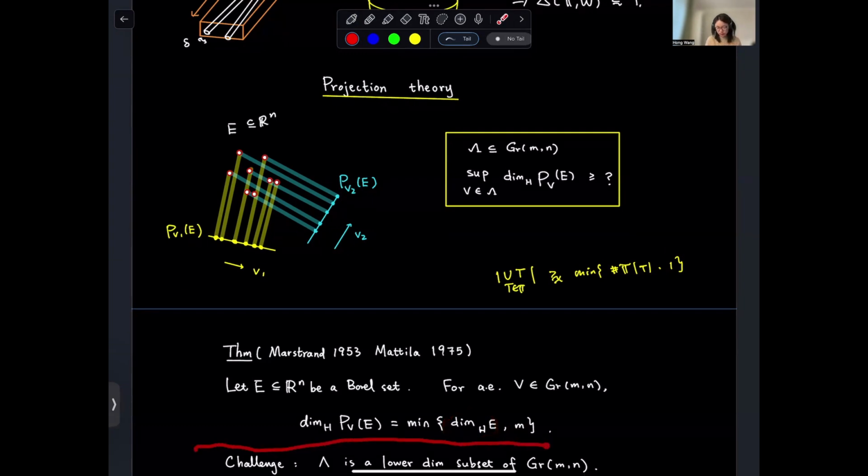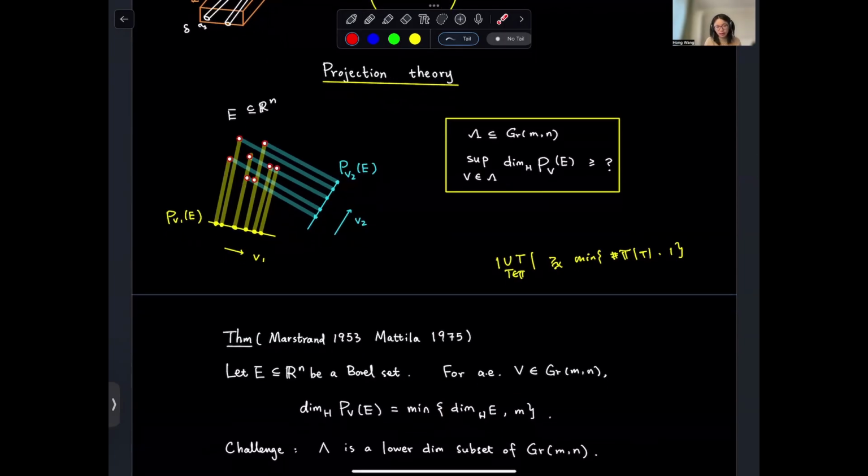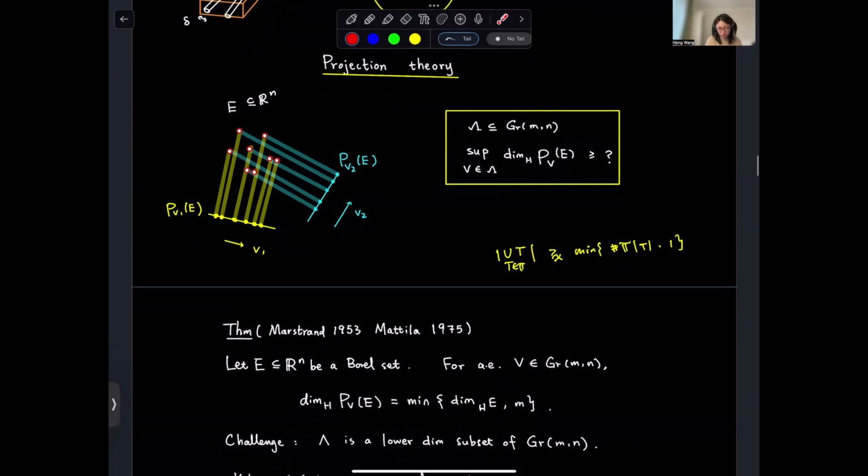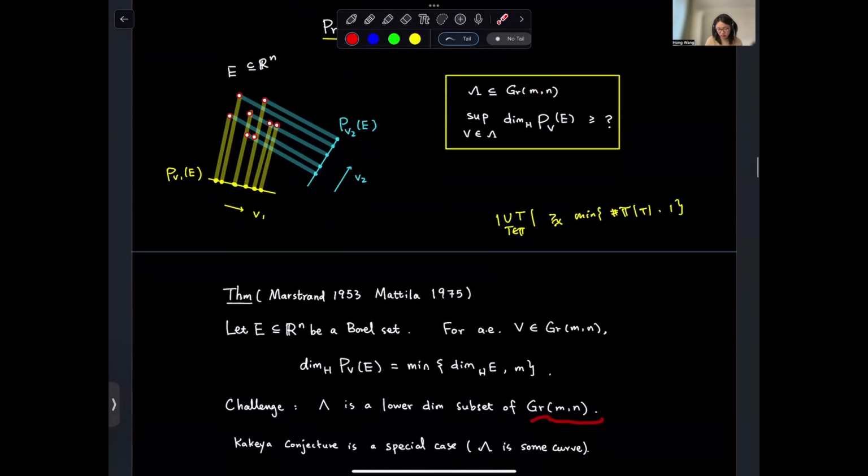So you might think we now have a very satisfactory answer, because we show that the optimal bound holds for almost every m-dimensional subspace V. But the challenge is that for a lot of problems, we don't have access to almost every subspace V. We only have access to, let's say, Lambda, a lower dimensional subset of the Grassmannian, the collection of m-dimensional subspaces in R^n.